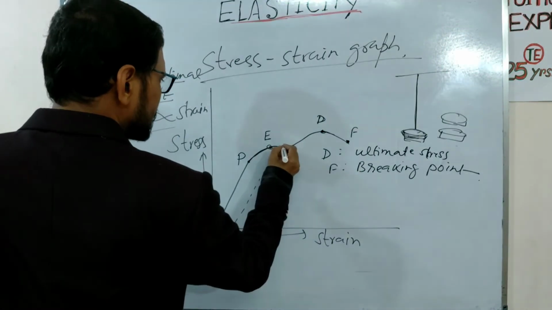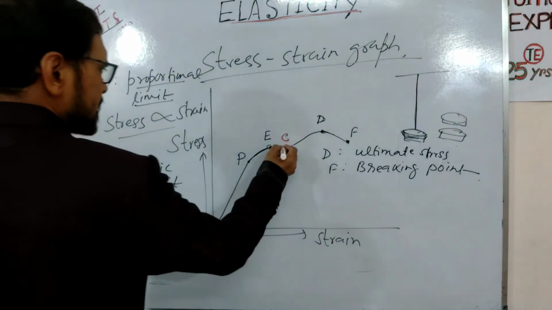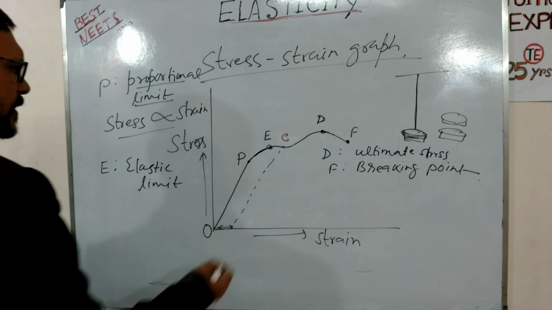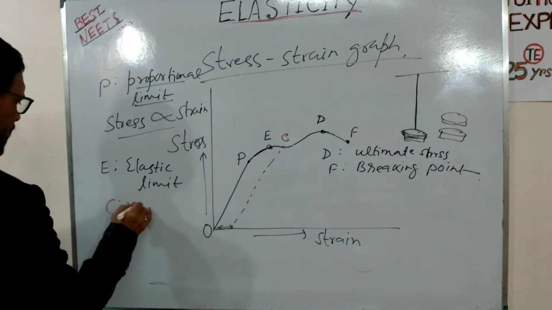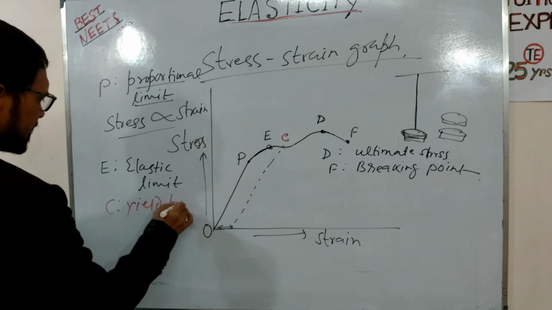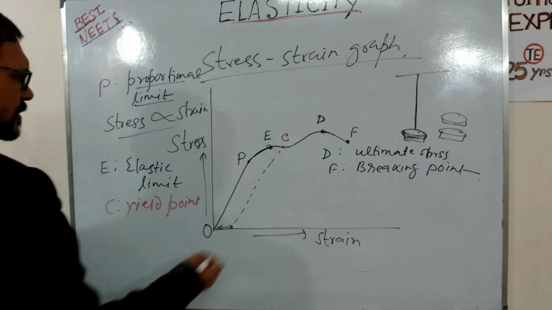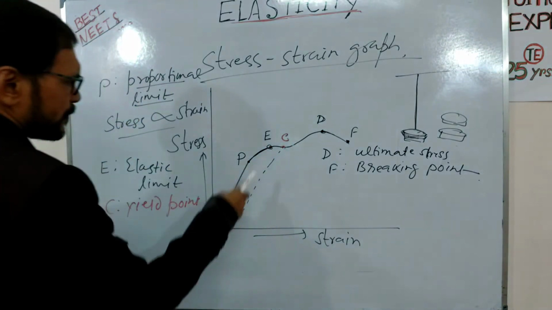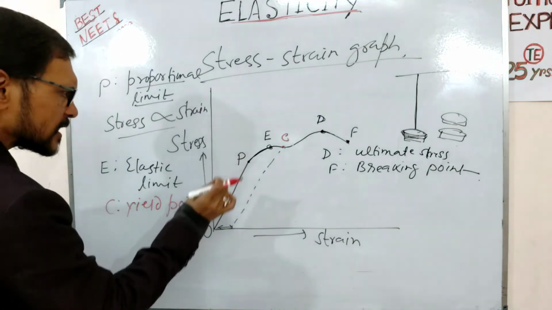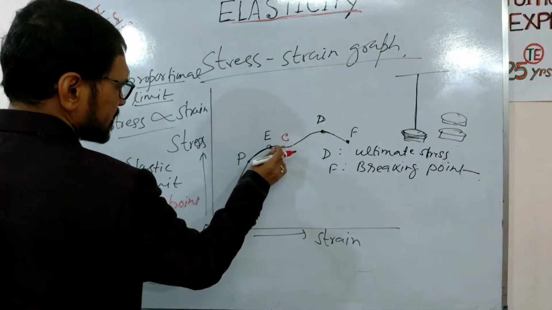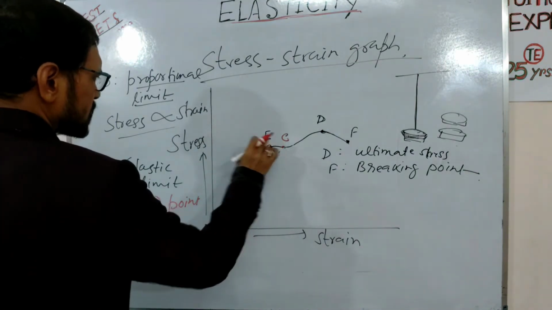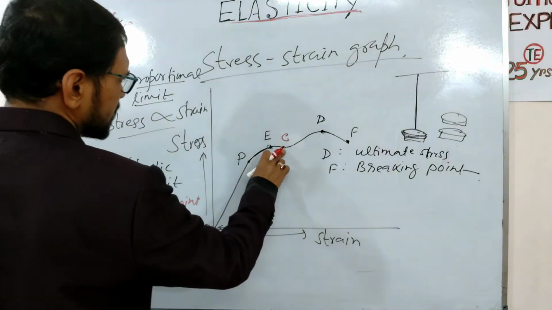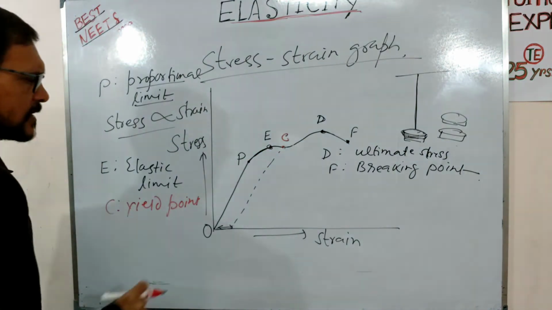Here is another point, C, which is called the yield point. What is the yield point? B and C are very close to each other. Beyond the elastic limit, there is a point, at a certain stage around C, where the solid body behaves like a fluid body.